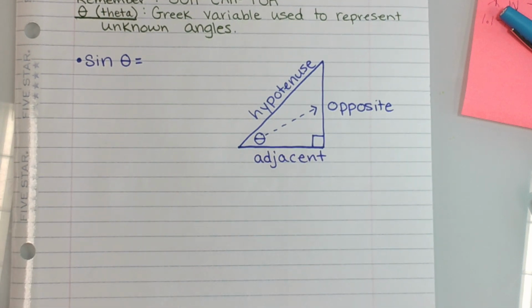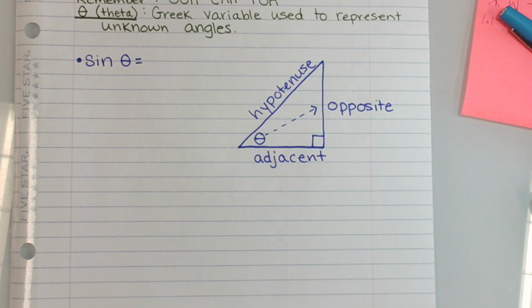Keep in mind, opposite and adjacent will change depending upon which angle you're focused in on. If I was focused in instead on this angle being theta, this would be my opposite, this would be my adjacent. The hypotenuse always stays the longest side, or the side across from the right angle. So far, is this looking familiar?